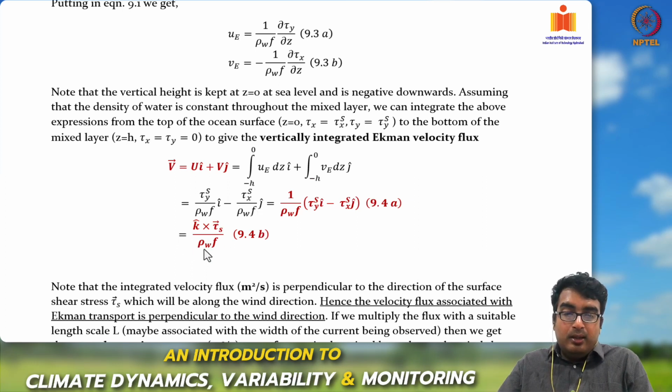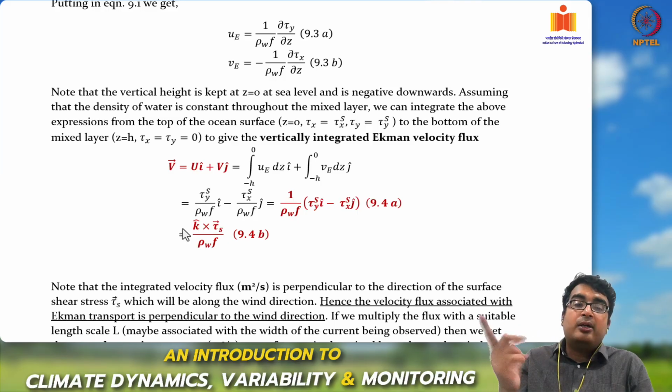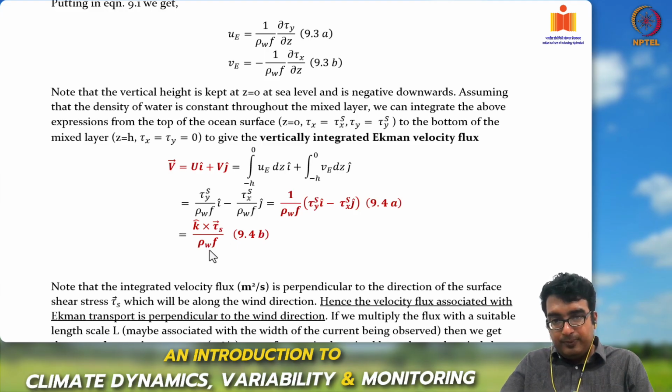In terms of vector product, it's basically the vertical direction cross the surface shear stress at the sea surface, divided by density times the Coriolis parameter. This is the expression.